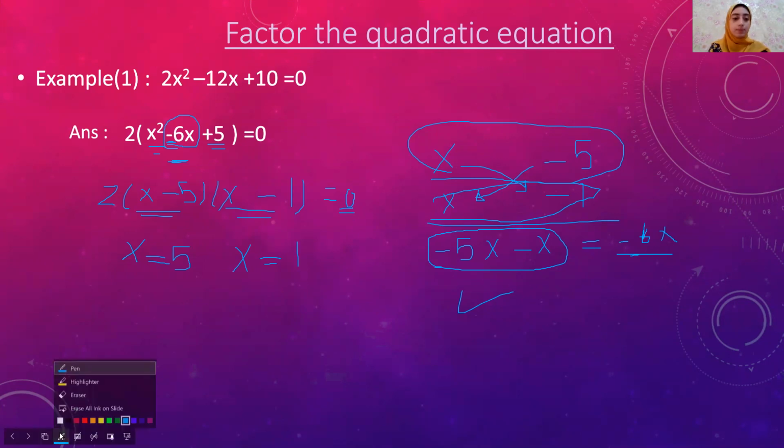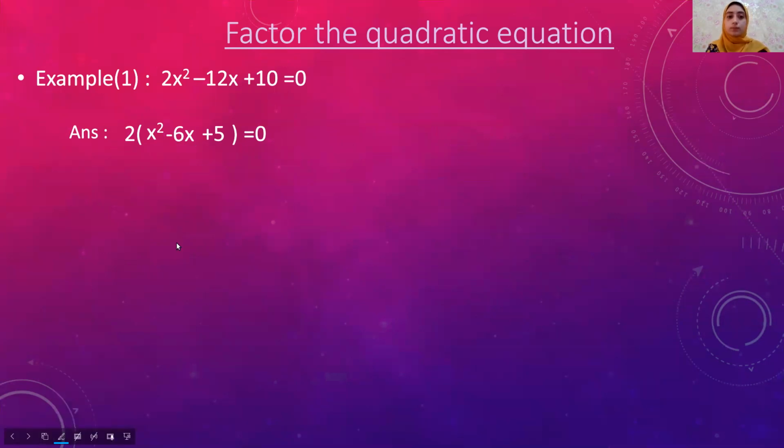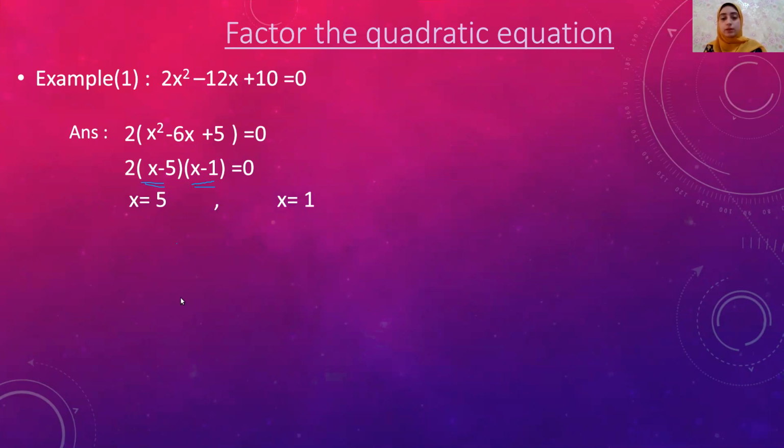Let's see this. Okay, x minus 5, x minus 1 equals 0. Well, the value here would be x equals 5, and the value here will be x equals 1. Do you understand? Okay, let's have another example very quickly.